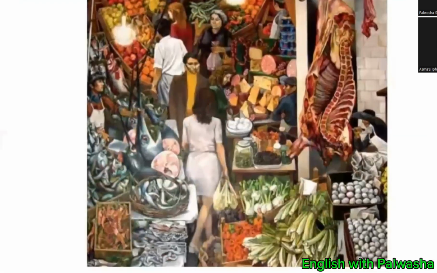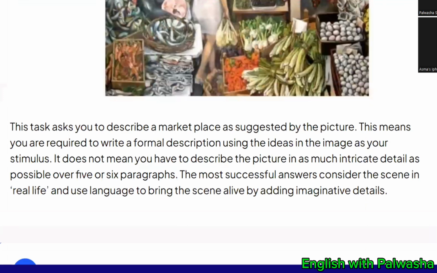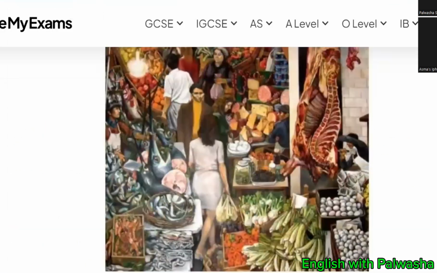This task asks you to describe a marketplace as suggested by the picture. This means you are required to write a formal description using the ideas in the image as your stimulus. Why formal?